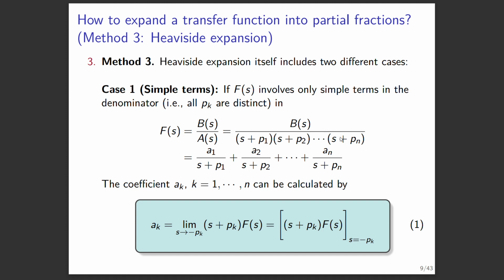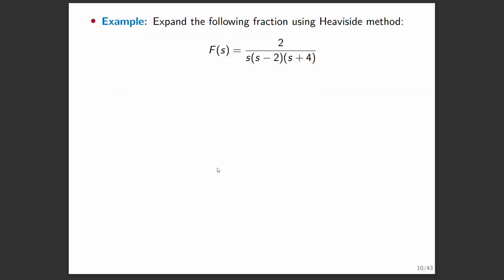Okay, let me repeat. Or rather, maybe it's better to see an example. Expand the following fraction using the Heaviside method, or method number 3. First, look at f of s. It only has simple terms in the denominator. There is no multiplication, no s minus 2 squared, s plus 4 cubed, things like that.